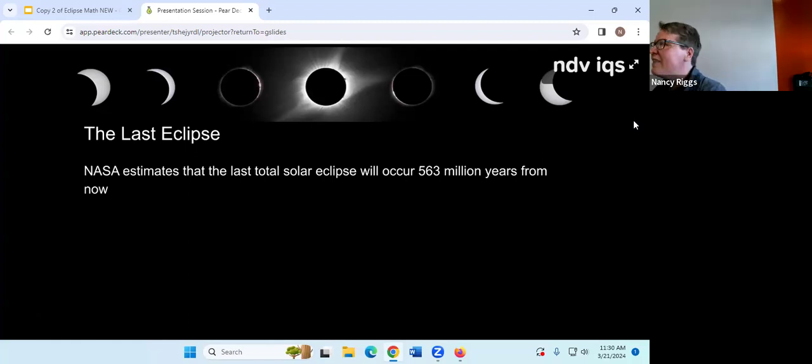The one being proposed by NASA, at least, is approximately 563 million years from now. Basically, the moon will be so far away that we will still have partial eclipses. Again, we can have partial eclipses as long as we have the moon. But because the moon is going to be so small, we will no longer have total solar eclipses at that point. So mark your calendar, something to put down.